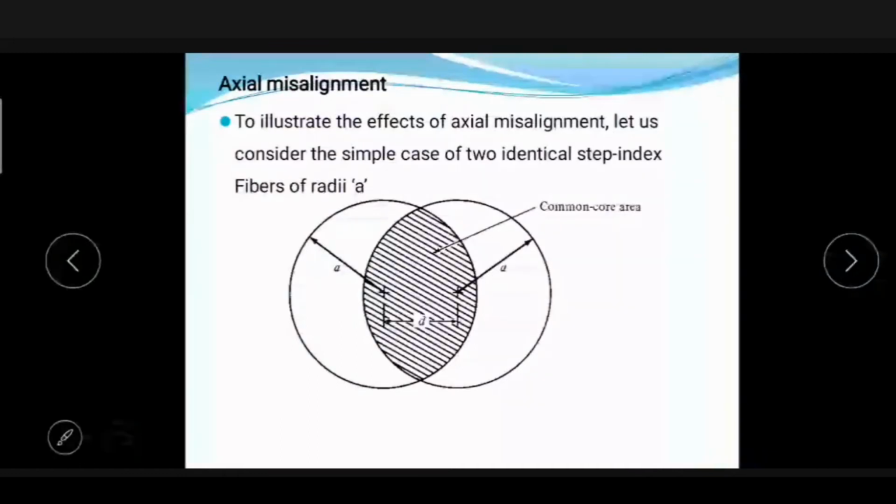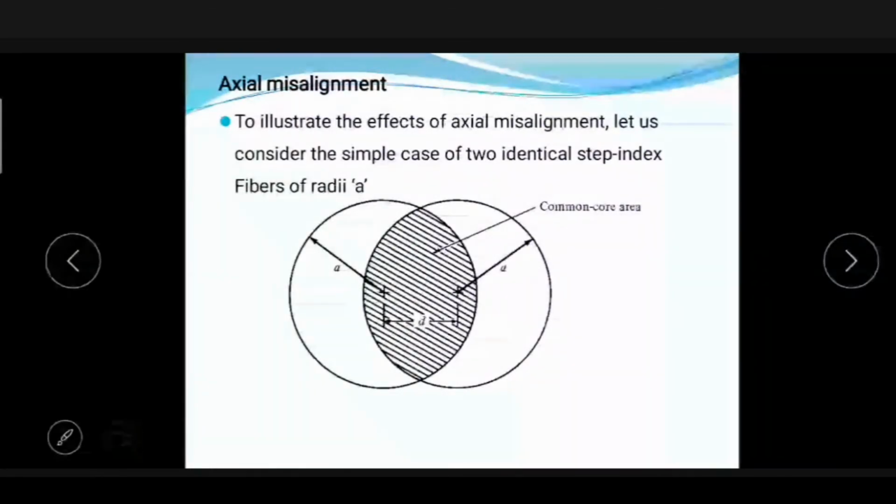Simple one. What they might ask is: explain the axial misalignment in optical fibers, or derive an expression for the output power in the optical fiber with axial misalignment. Whenever I say output power in a fiber from another fiber where the light gets coupled into it, it is the maximum amount of light.